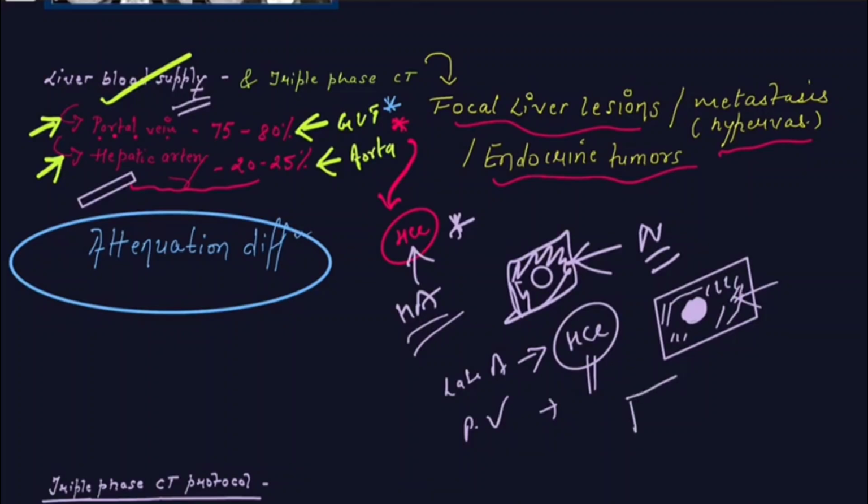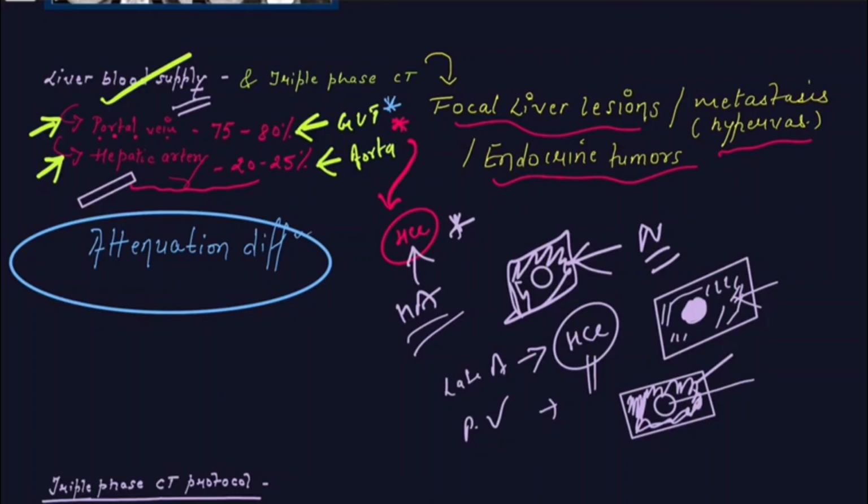So again the tumor has lost its contrast, but the background liver, as it is supplied by the portal vein, enhances brightly. So again this lesion is visualized because of the attenuation difference, a darker lesion in a brighter background. This difference in attenuation leads to the visualization of lesions: a dark lesion in a white background, or a white lesion in a dark background.